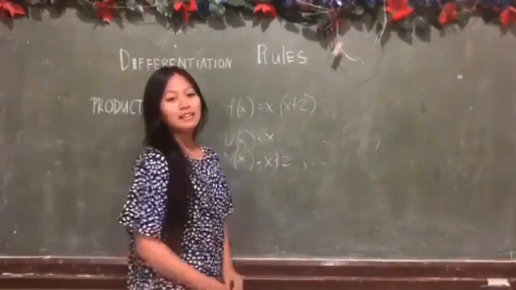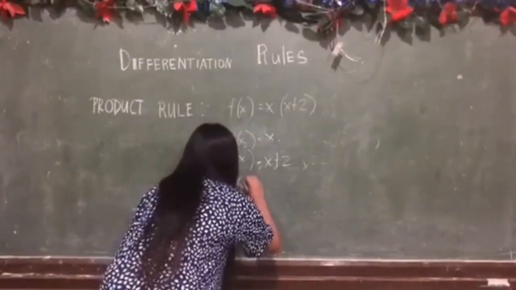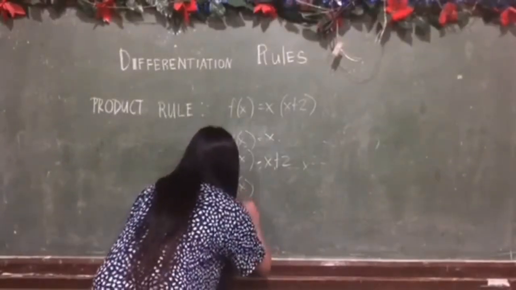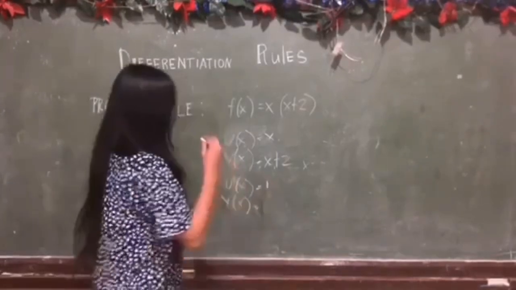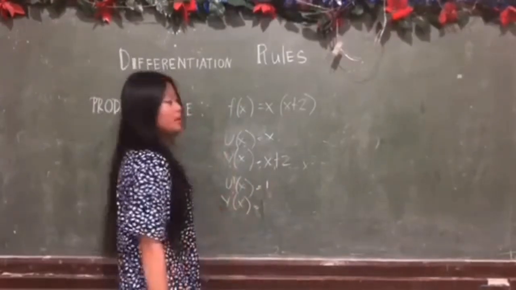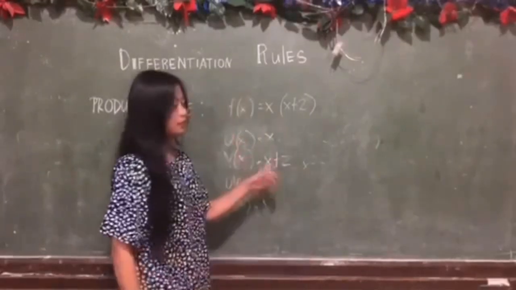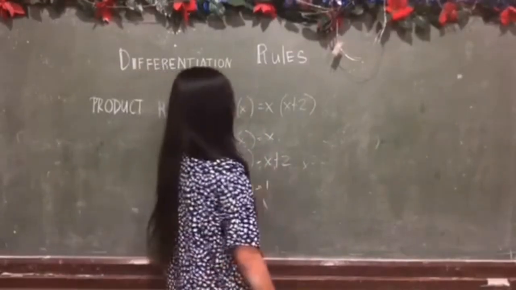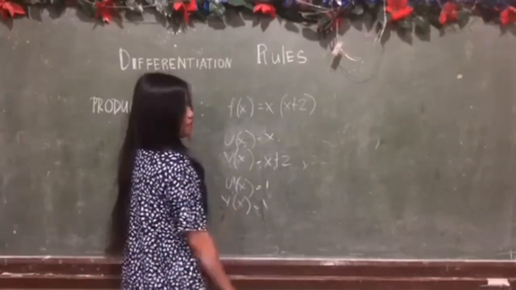And then let's find the derivatives, u prime of x and v prime of x. So u prime of x is 1 and v prime of x is 1, because we all know that the derivative of any constant number is 0.